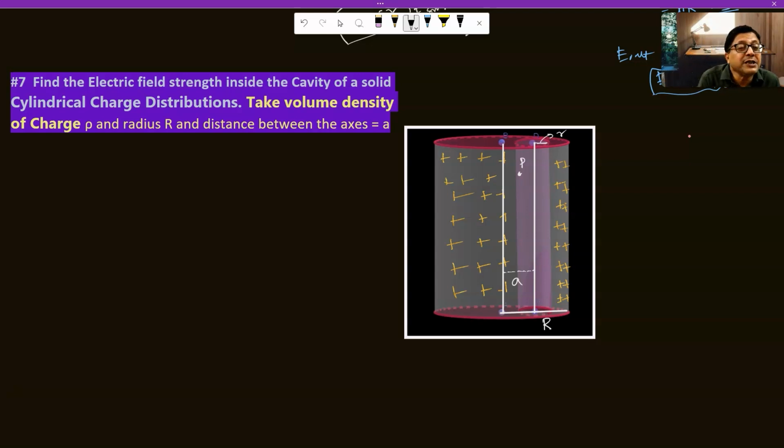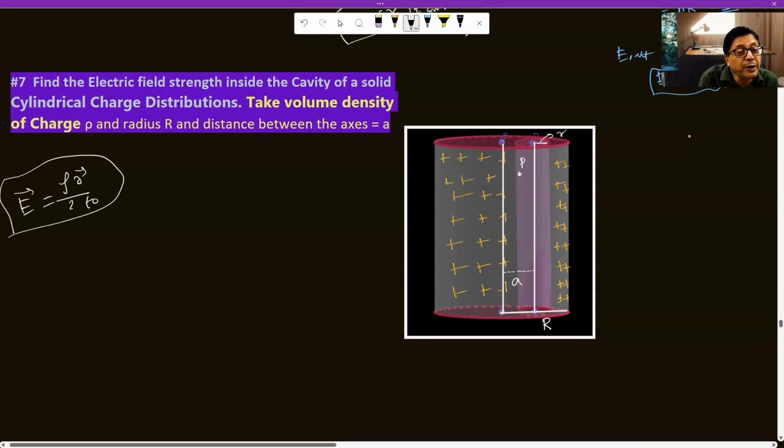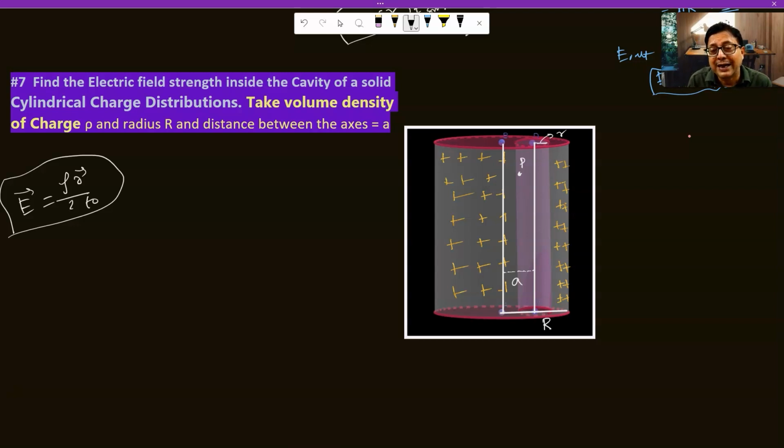By remembering this formula, due to a solid cylinder at a distance R, the electric field is rho R by 2 E0, just deduced. We will be using this expression. So, by the superposition principle, let us take an origin, a point on this axis O1, and the corresponding point here as O2 on the axis of the cavity.